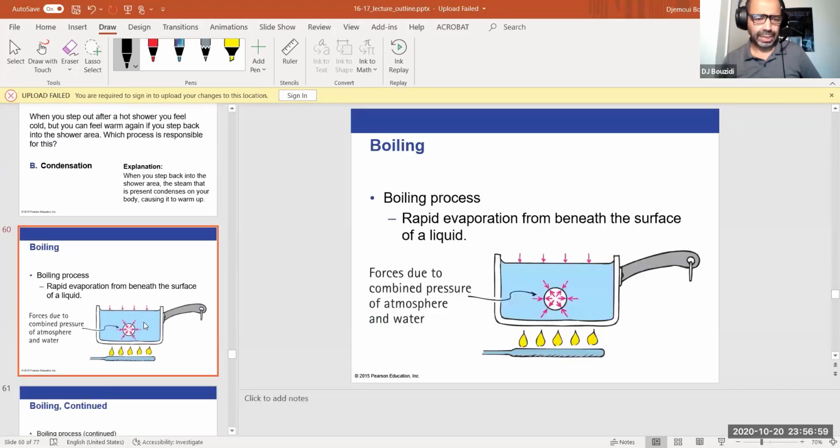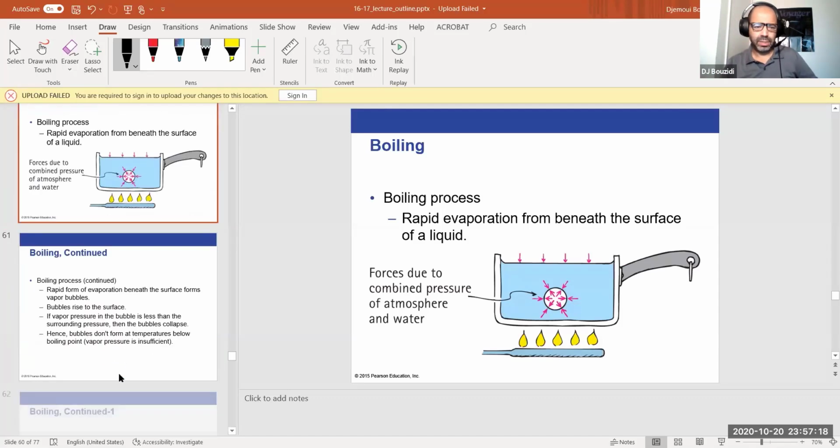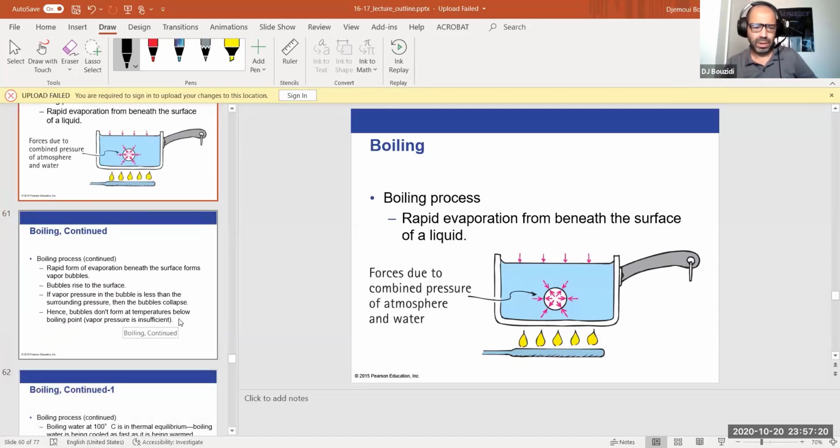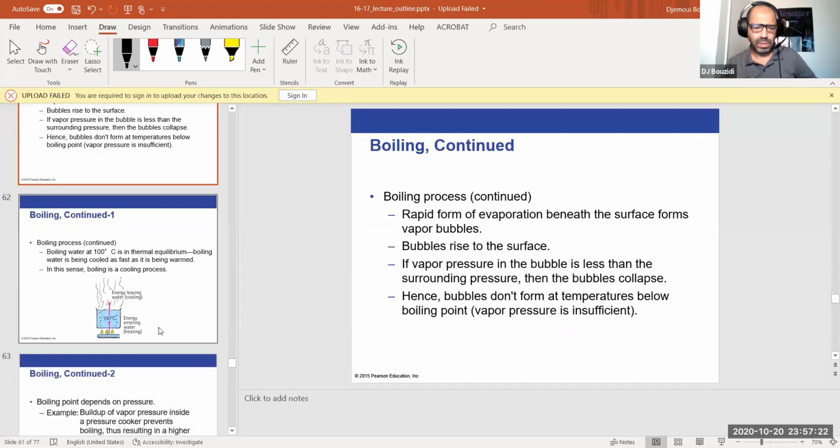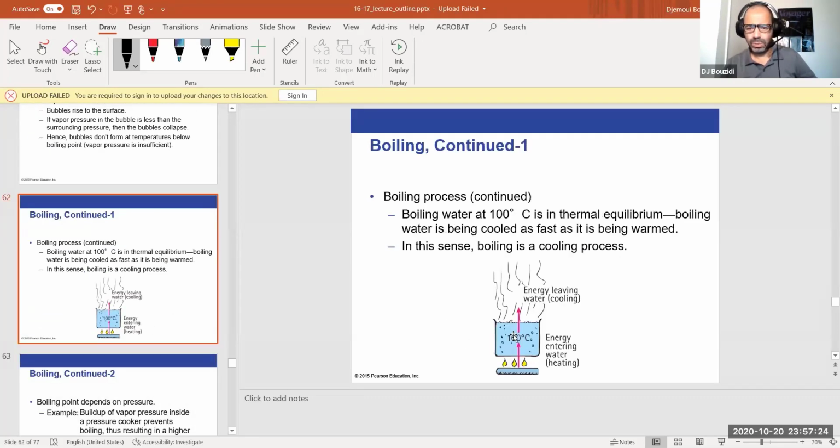The boiling, again, we explained this one earlier when we were talking about convection, because in this case the density of the gas becomes less and less, and that's why it rises. And these are the bubbles that start to form during the boiling process around 100 degrees Celsius.